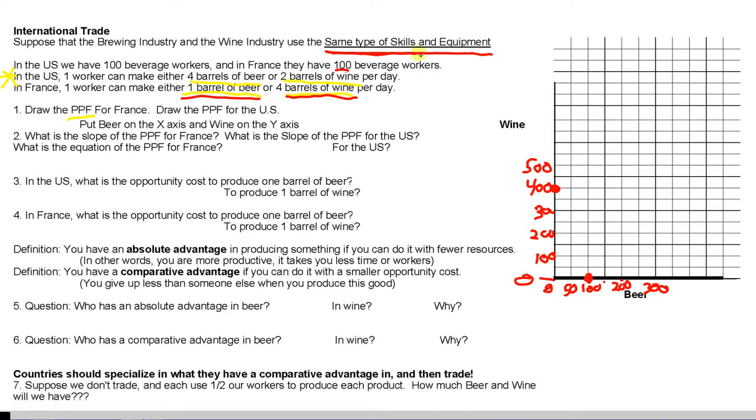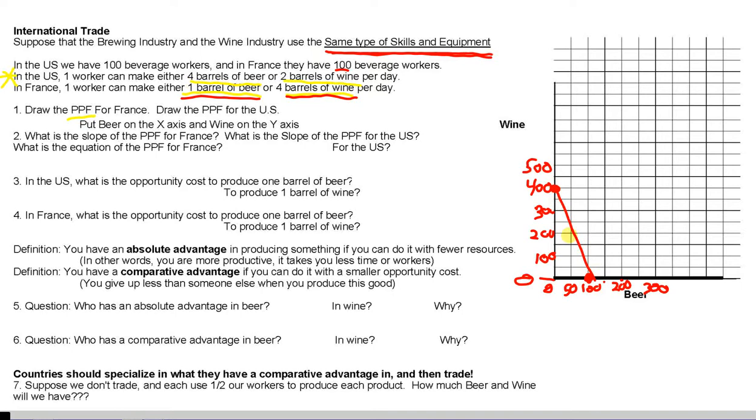That's why I made this assumption about the same skills and equipment. So we can just connect these 2 points with a straight line. And that straight line is going to be the production possibilities frontier for France.